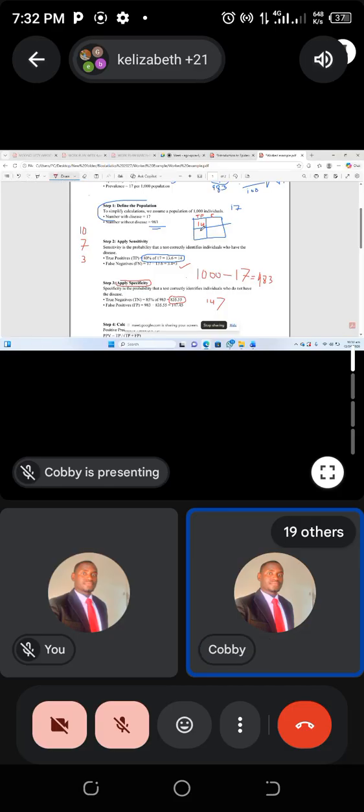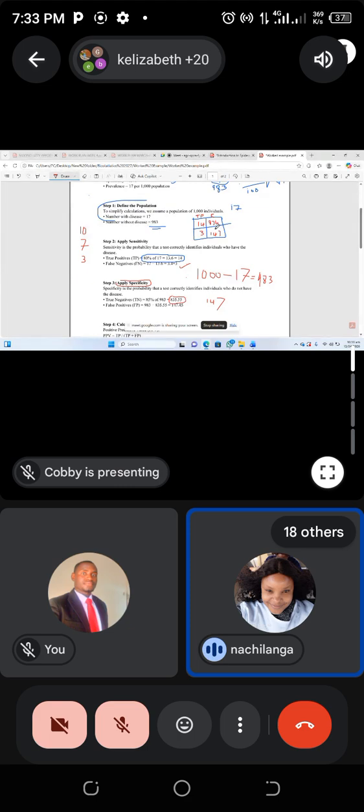Here we put 3. Then here we put 836, right? I want to write it in the way that you won't get lost. Then down we put 147, right? I don't know for others, but I think the 147 is supposed to be on top, then the 836 at the bottom as a true negative.